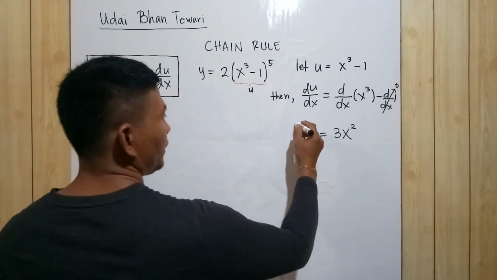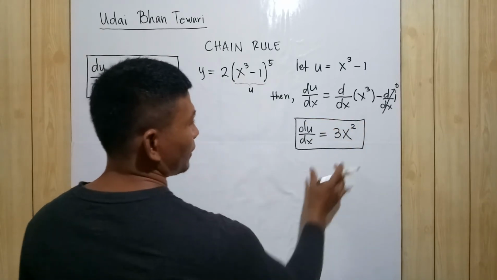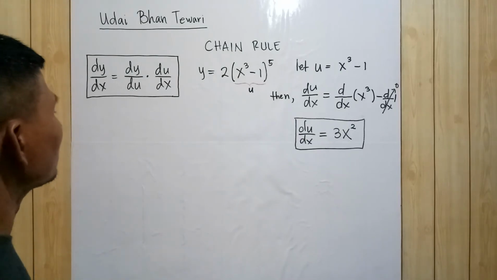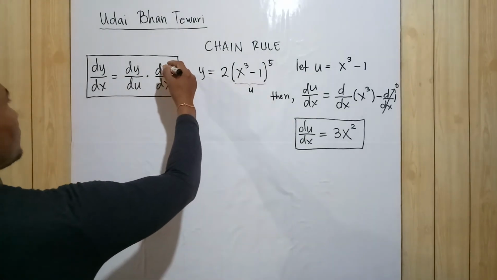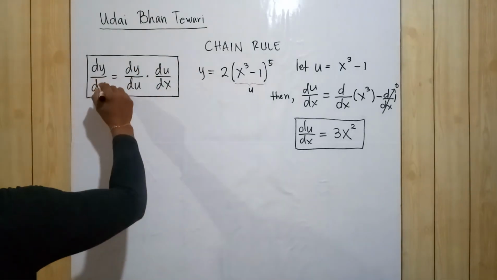So therefore our du dx is 3x squared, but that is not yet our final answer. We just have du dx, or this part of our equation to find the dy dx.